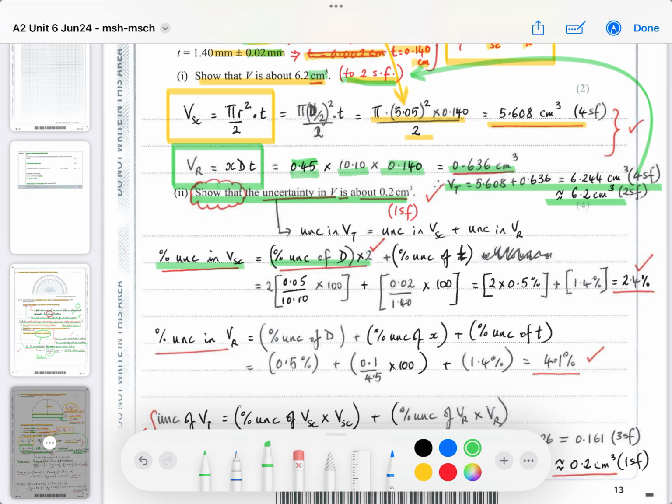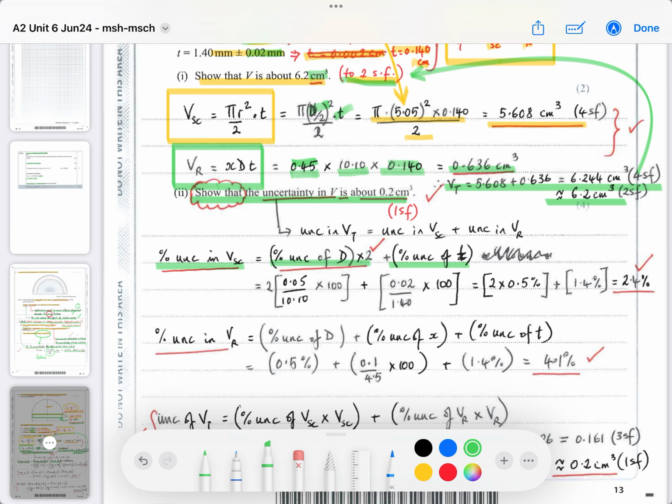You always add percentage uncertainties, for those of you who haven't been taught that. And then you have to add it to the percentage uncertainty of the other variable in the equation, which is t. So 2 lots of d, 1 lot of t, and pi and 2's don't have uncertainties. They're just numerical constants.